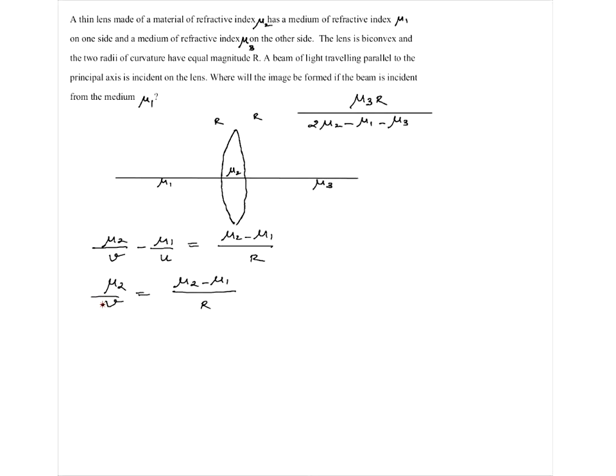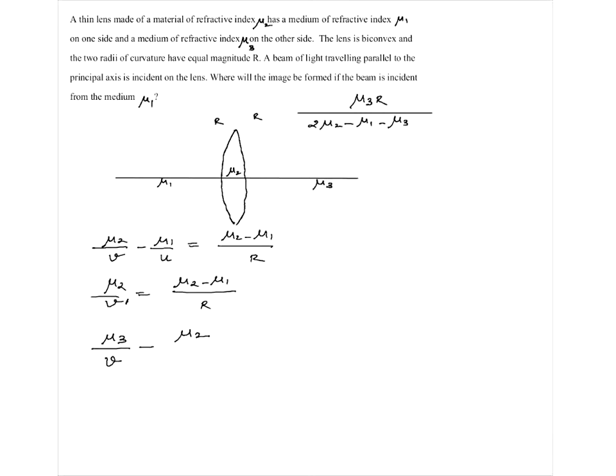That V will act as U for this surface. So for that surface, what is mu2? Mu3. This is final V. Maybe I can call it V dash. What is mu1? From where rays come? Mu2.